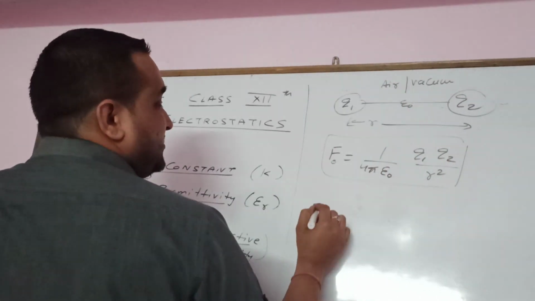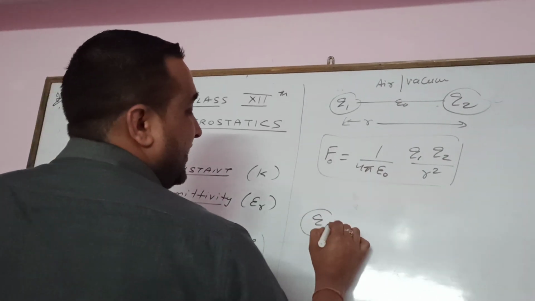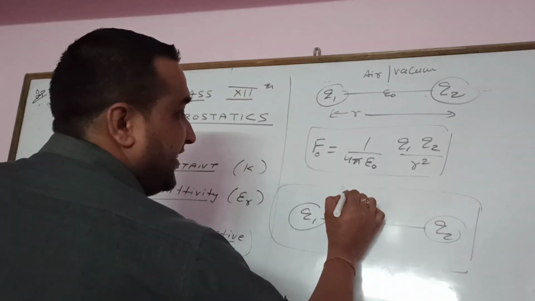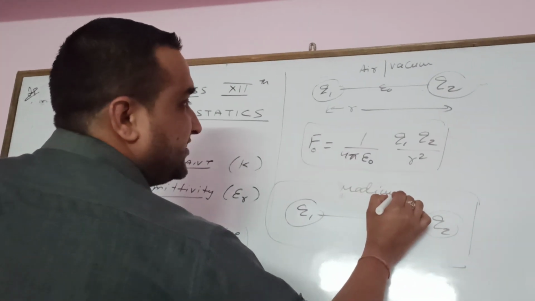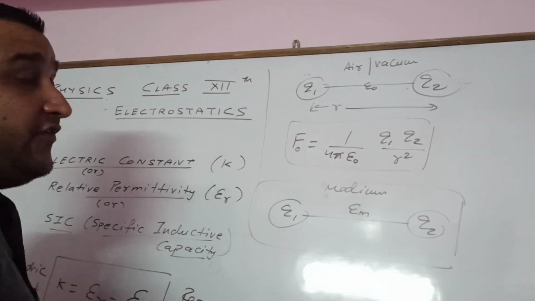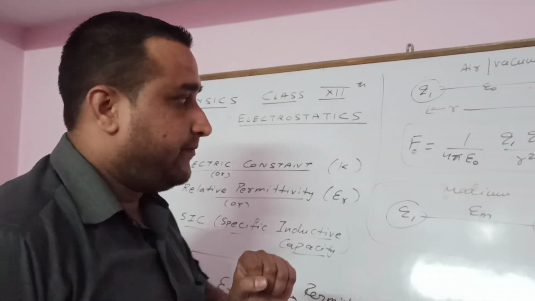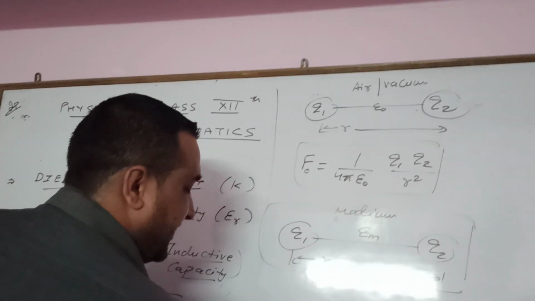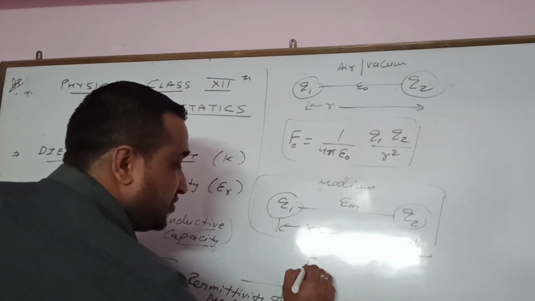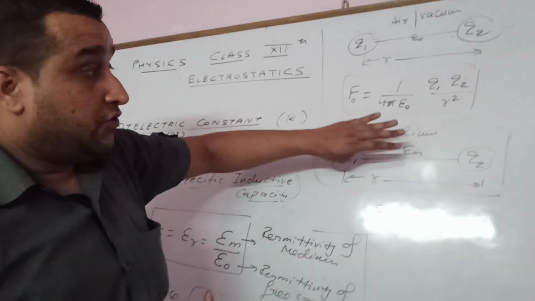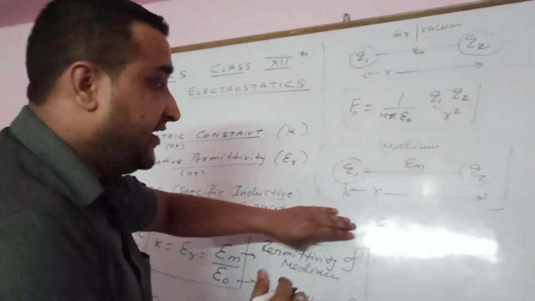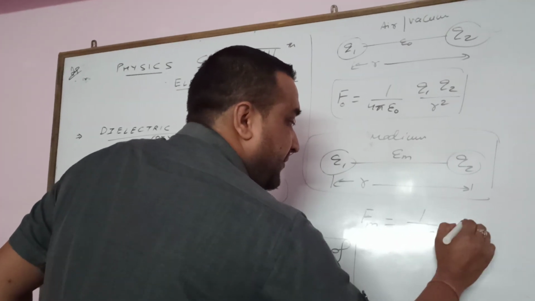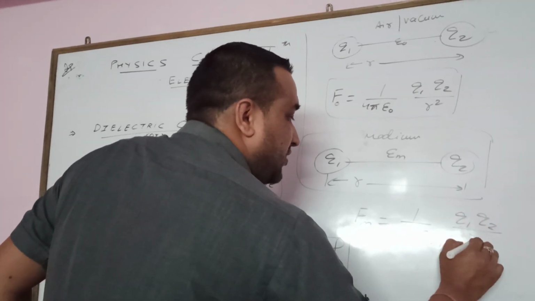Now if the same charges Q1 and Q2 are placed in a medium having permittivity epsilon m, and both are the same small r distance apart, then the electrostatic force Fm is equal to 1 upon 4 pi epsilon m, Q1 Q2 upon r square.